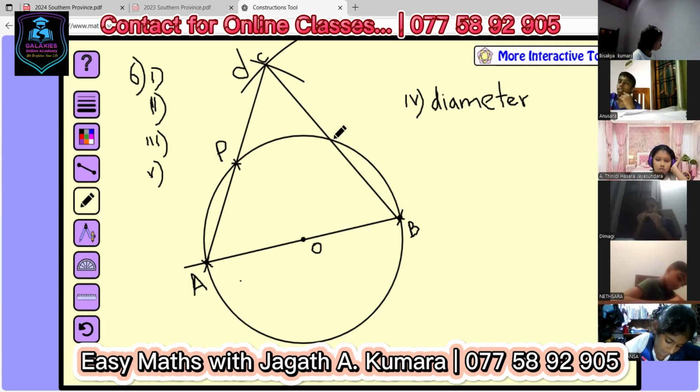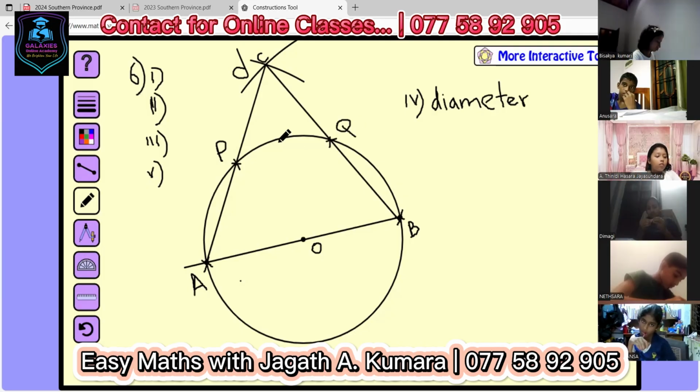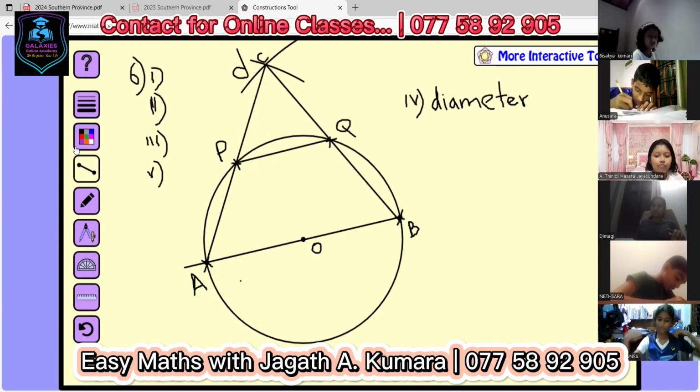BC intersecting point of the circle is Q, this is Q. First you have to mark these 2 points then you have to join P and Q. Join using your ruler and pencil you have to join these two. It is Roman number 6.